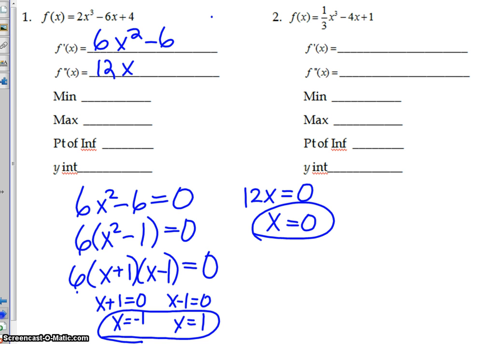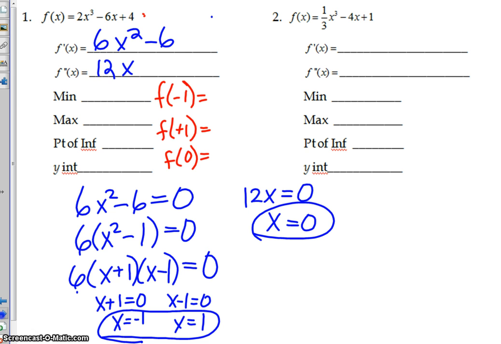So now we have 3 values for x, and we're going to take those values and find out what they would be in my original equation. In other words, instead of f of x, I want to know f of negative 1, f of positive 1, and f of 0. Okay, we could do that.